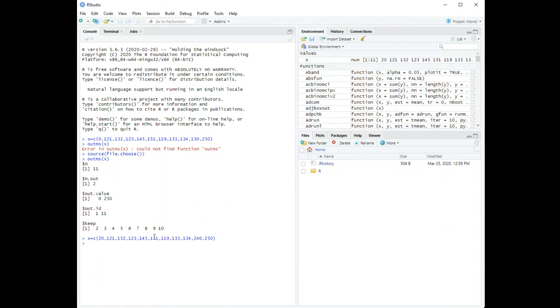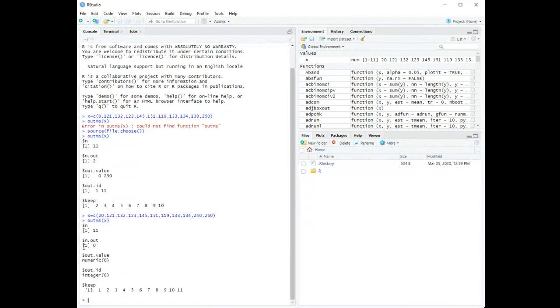Okay, enter. All of these are saved, so again we use that classic outlier rule, which is outms, I think. It tells you the number of values and which ones are out. It didn't exclude any of them. It's telling you keep 1 through 11, which means it kept all of those. So that one didn't mark them as outliers.